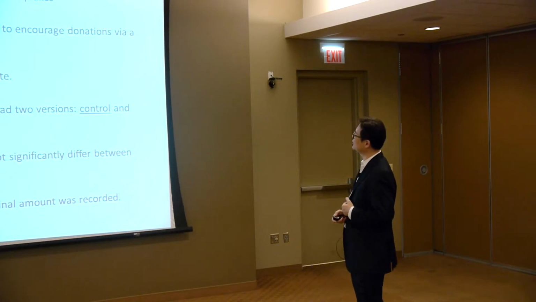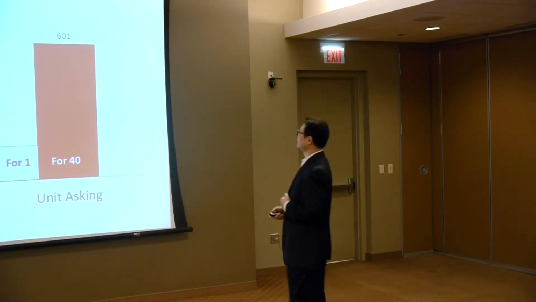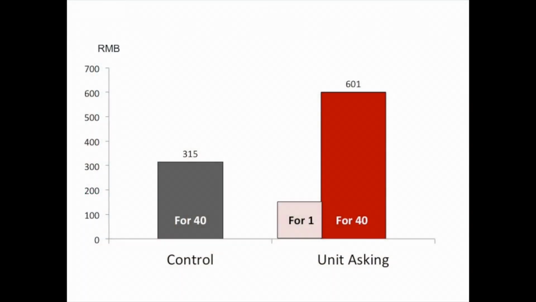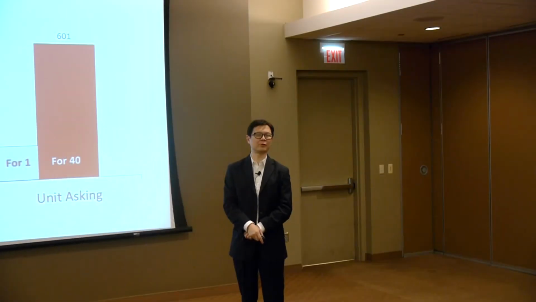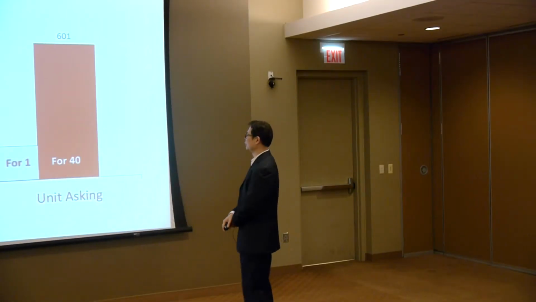What's different is the final donation. This is the control condition. On average, each person donated 325 RMB, Chinese yuan. And in the unit asking condition, twice as much. Well, not quite, but much more.